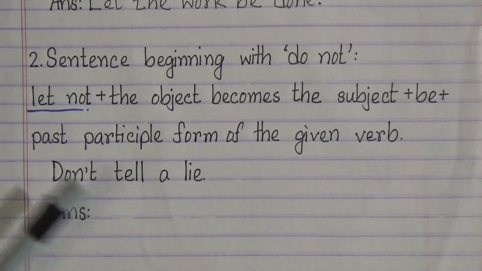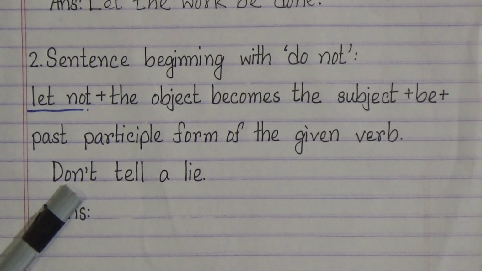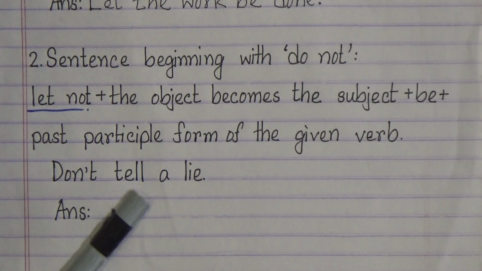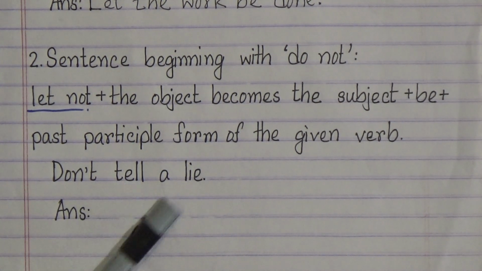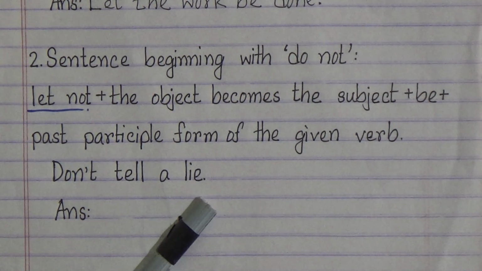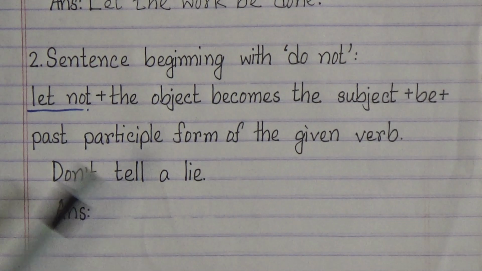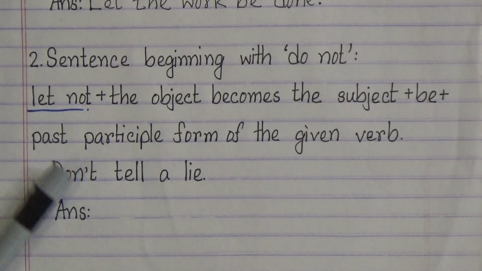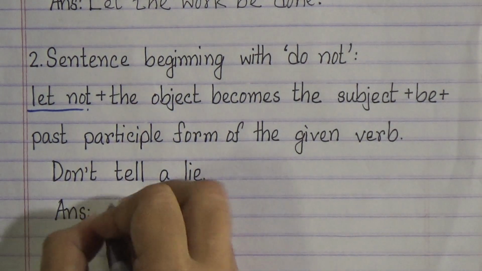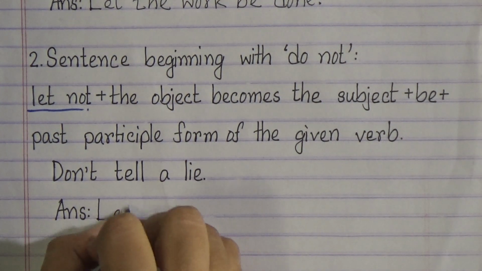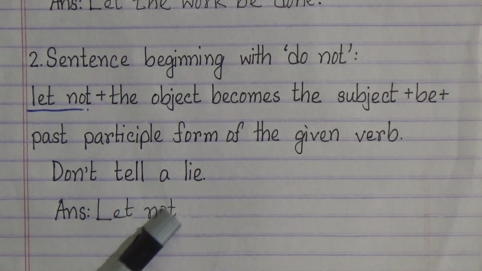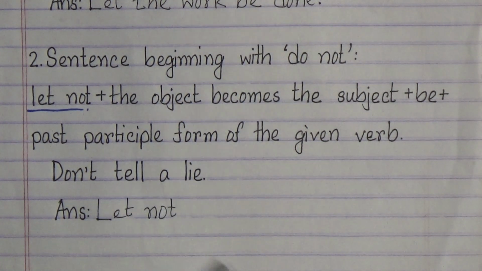Don't tell a lie. Now look, this sentence starts with don't, and then the verb tell, and now the object a lie. So at first we will write let not according to our rule. Let not, then the object, that means it will become the subject now.